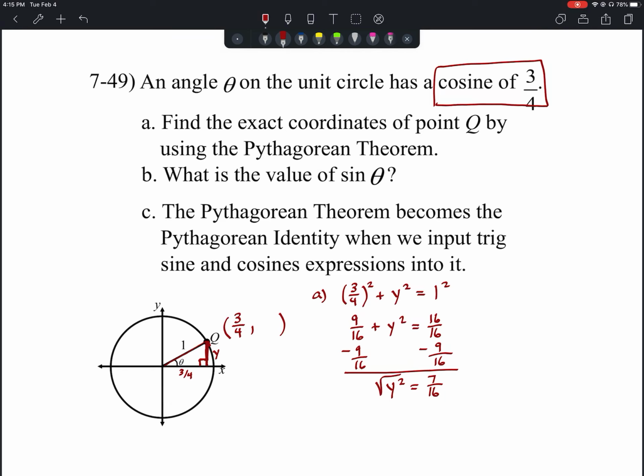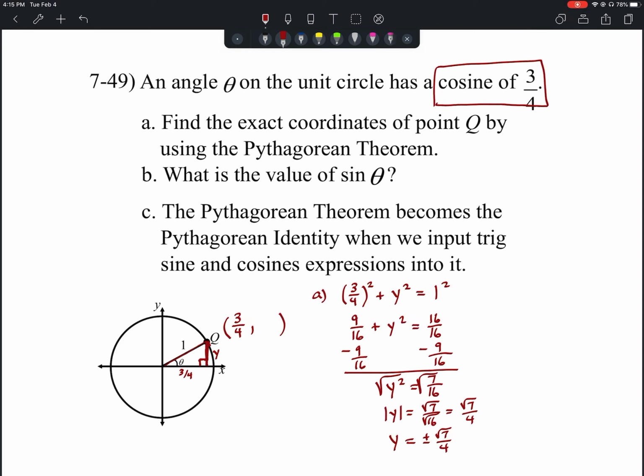Now, when we take the square root of each side, we're going to end up with the absolute value of y equals the square root of 7 over the square root of 16, which should give us the square root of 7 over 4. So y could equal positive or negative square root of 7 over 4.